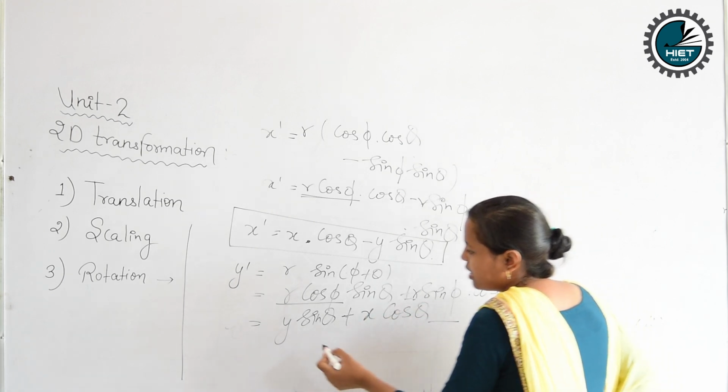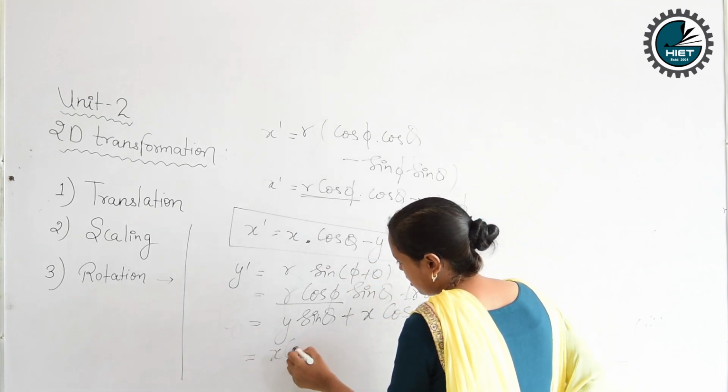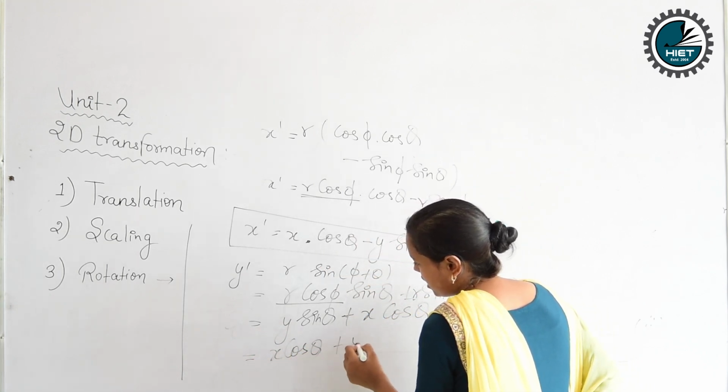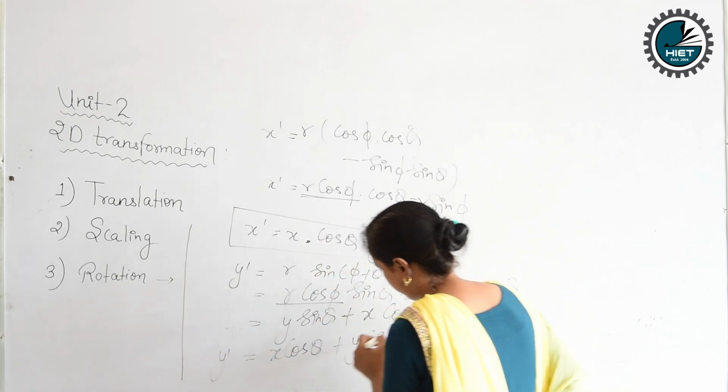So y dash is x sin theta plus y cos theta, that is the new coordinate.